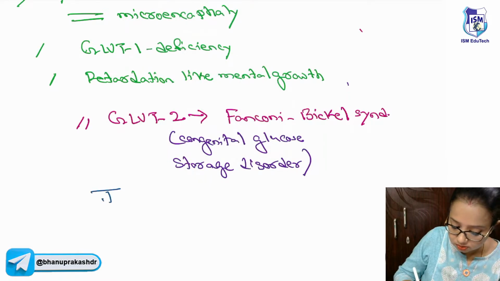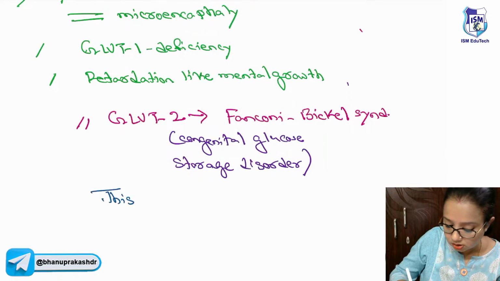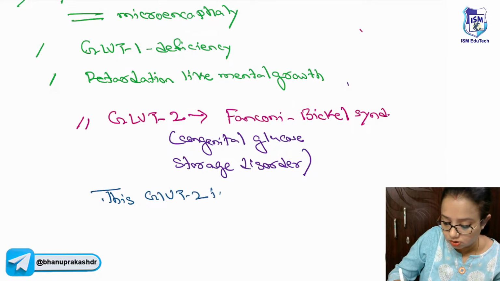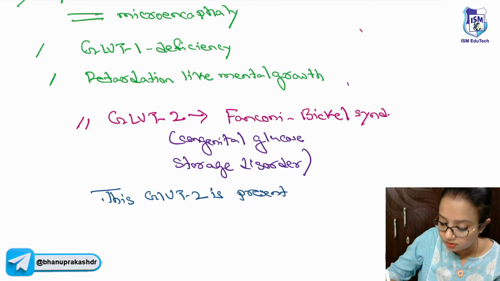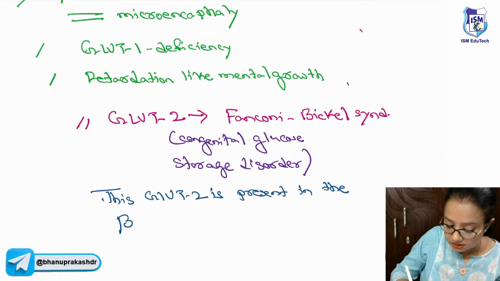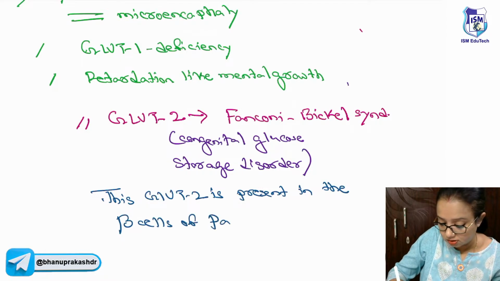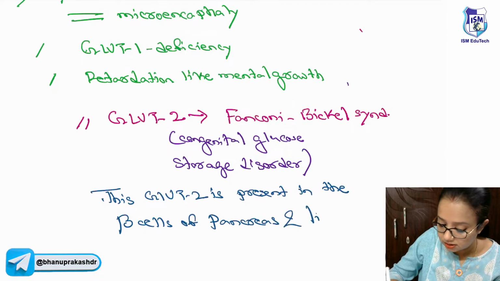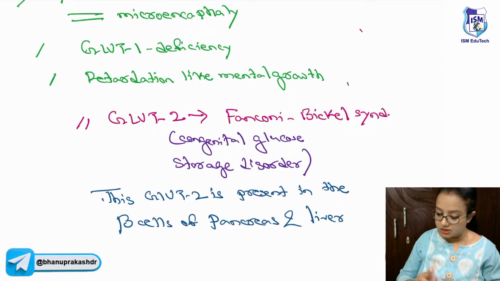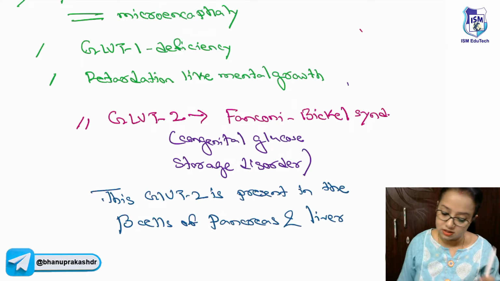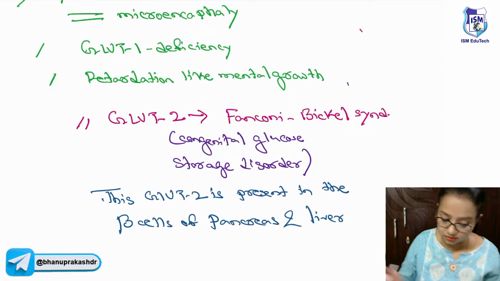The abundance of this GLUT2 is in the beta cells of the pancreas and liver. So these are the two structures where it is mostly present.